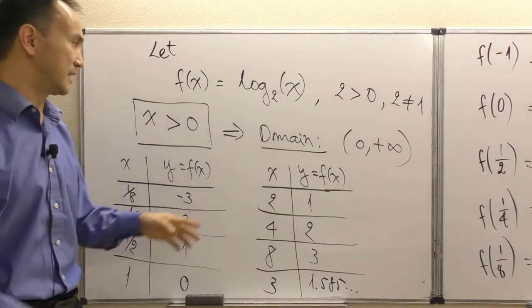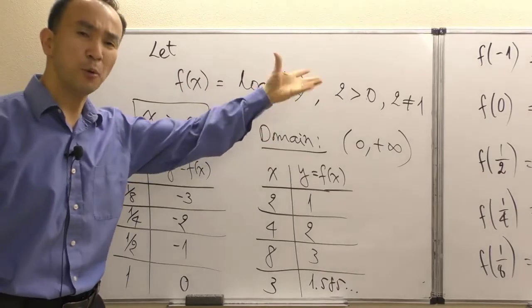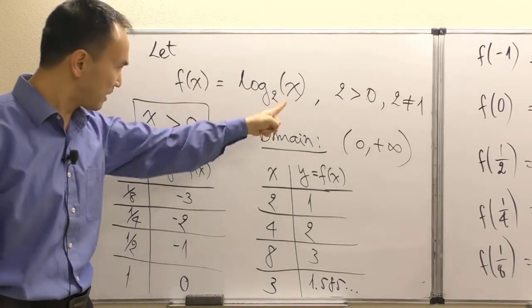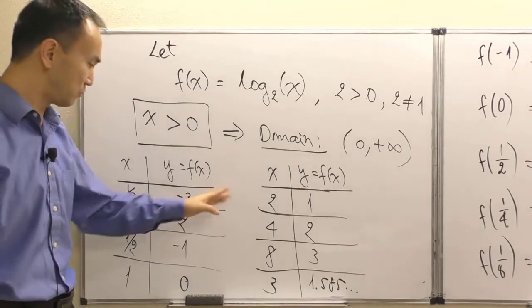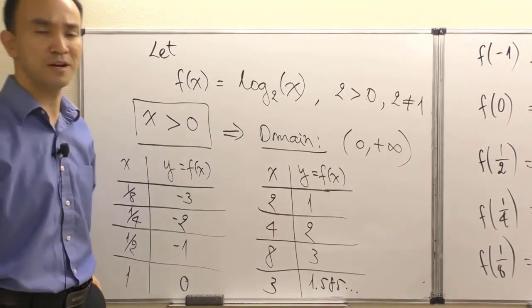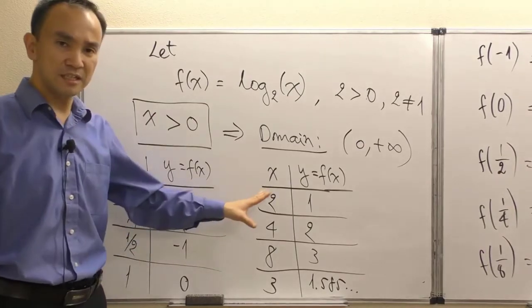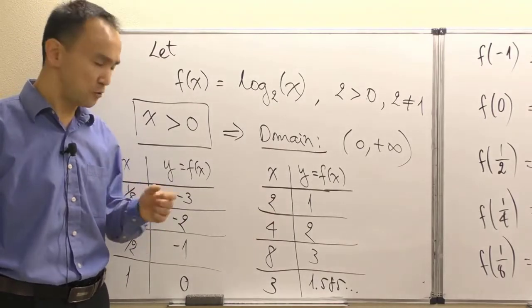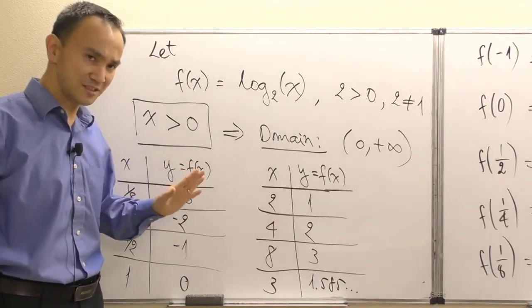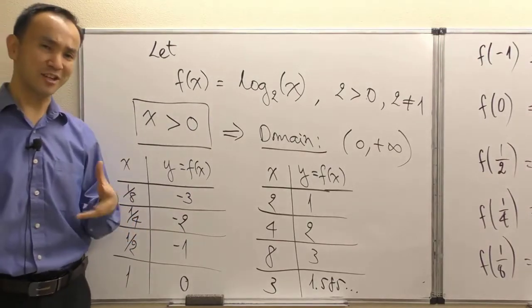And believe me, you can go with f of 5, f of 6, f of 2.5. As long as the input is positive, we will get an output. But there's no need to place too many inputs here. Just these pairs of values will be enough for us to see some result in the next step.